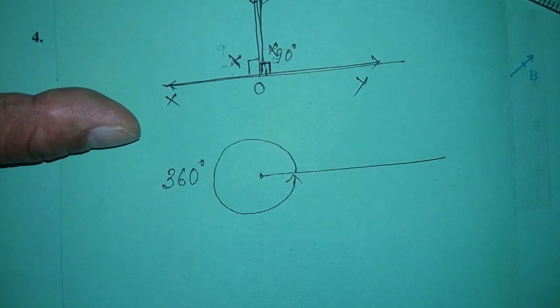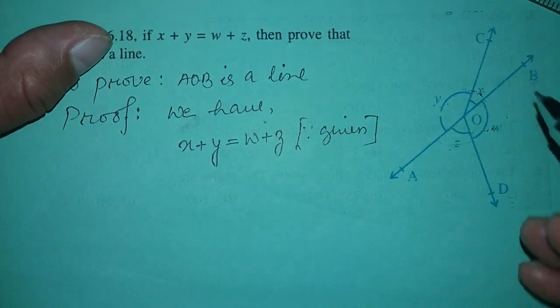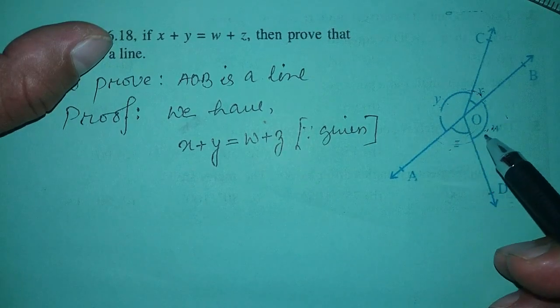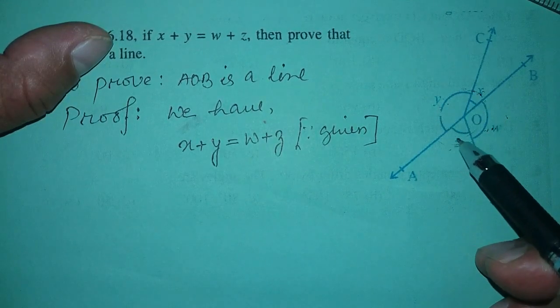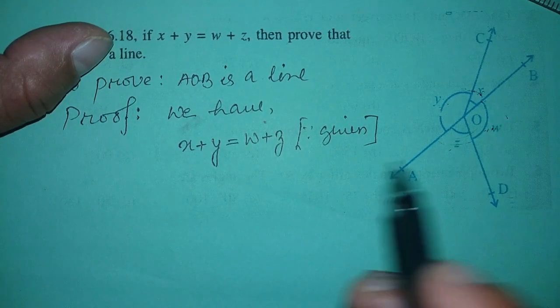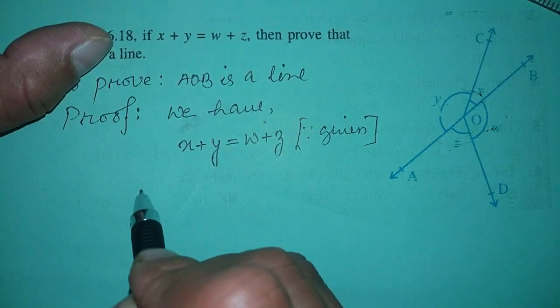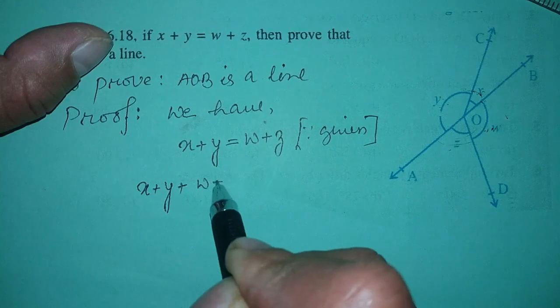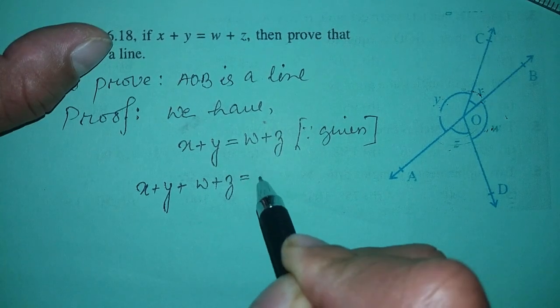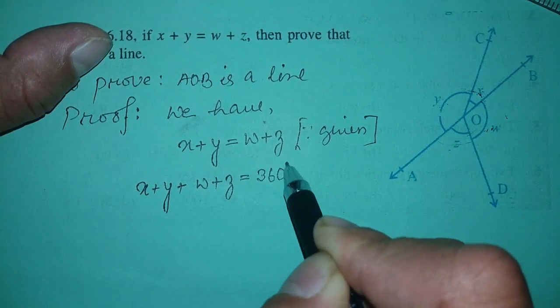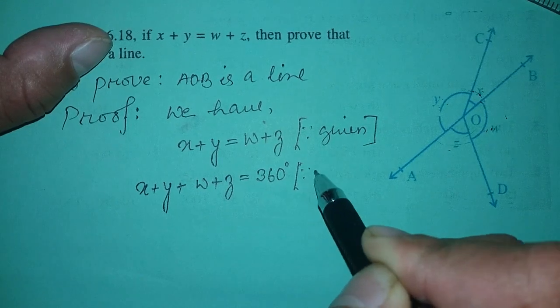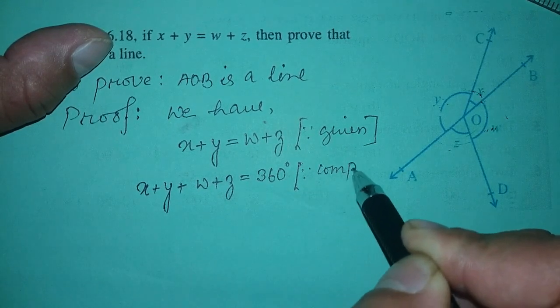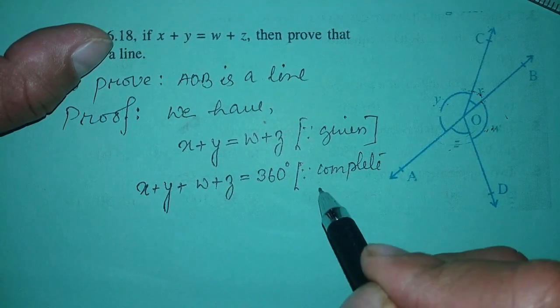So these 4 angles form a complete angle from here to this point. So here we will write x plus y plus w plus z is equal to 360 degree. The reason being these 4 angles form a complete angle.